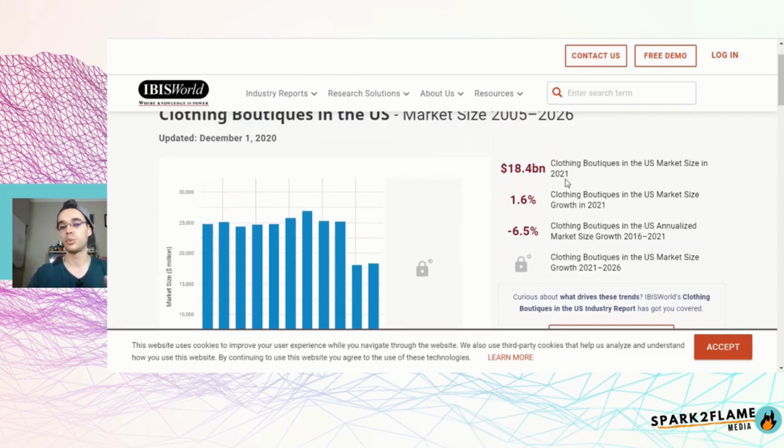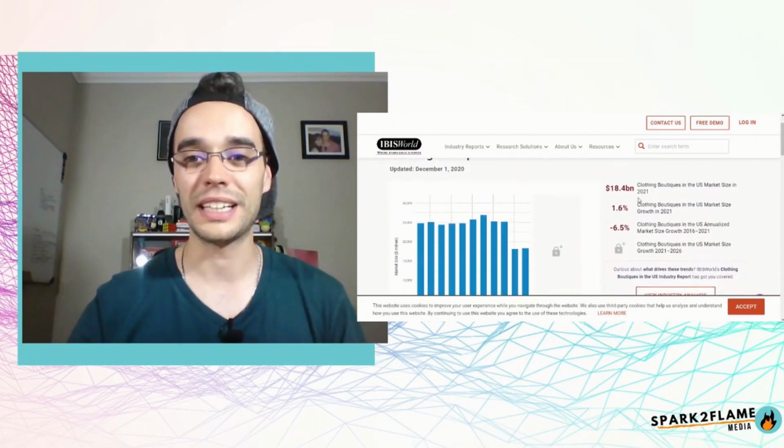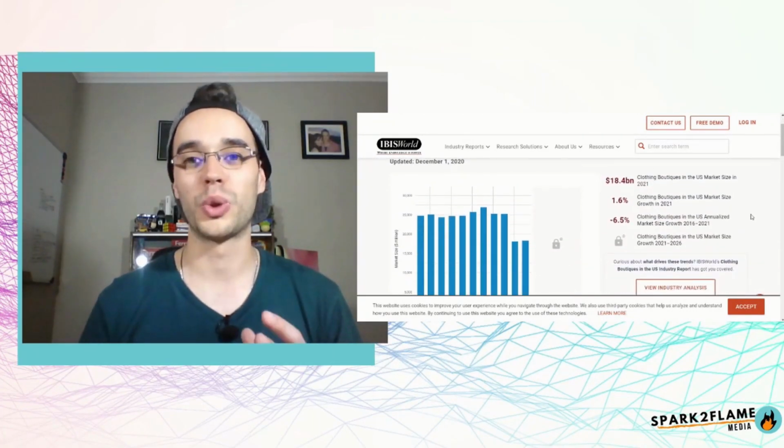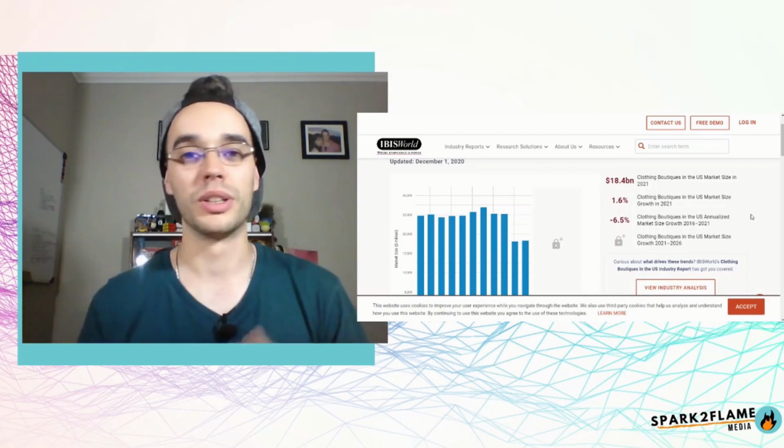Now, $18.4 billion for clothing boutiques in the US market in 2021. That's just in 2021, which is huge. That tells me again that when we're talking about boutiques, it could be men, women, or kids.